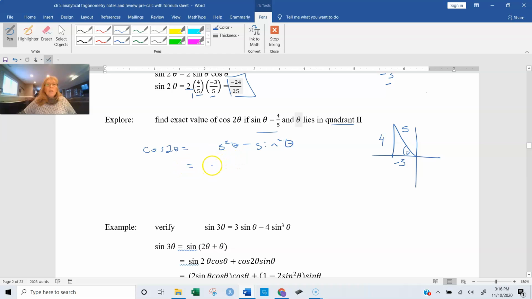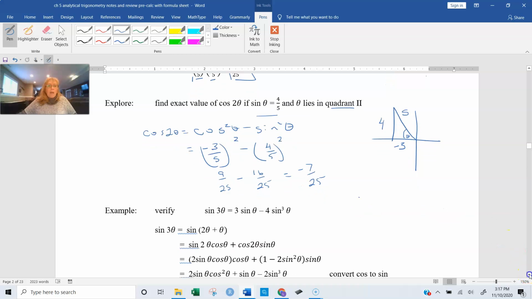So the cosine squared of theta is a negative 3/5 squared minus the sine squared of theta, which is 4/5 squared. Square these, we get 9 over 25 minus 16 over 25, which gives us negative 7 over 25. Any way you've done it, you should have come up with the exact same answer.